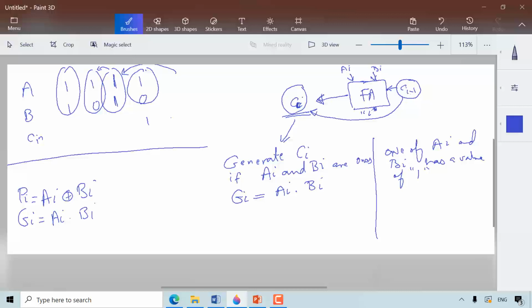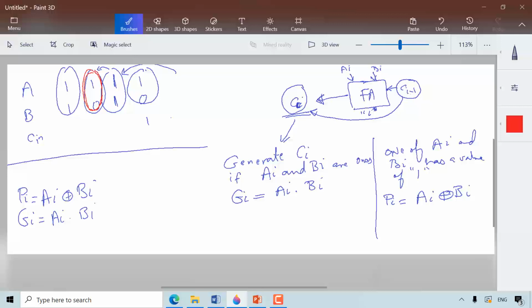The propagate condition is detected as follows: A I exclusive OR B I, one of them is 1. Look at this example here. One of the bits, the bit for A is 1 and the bit for B is 0.